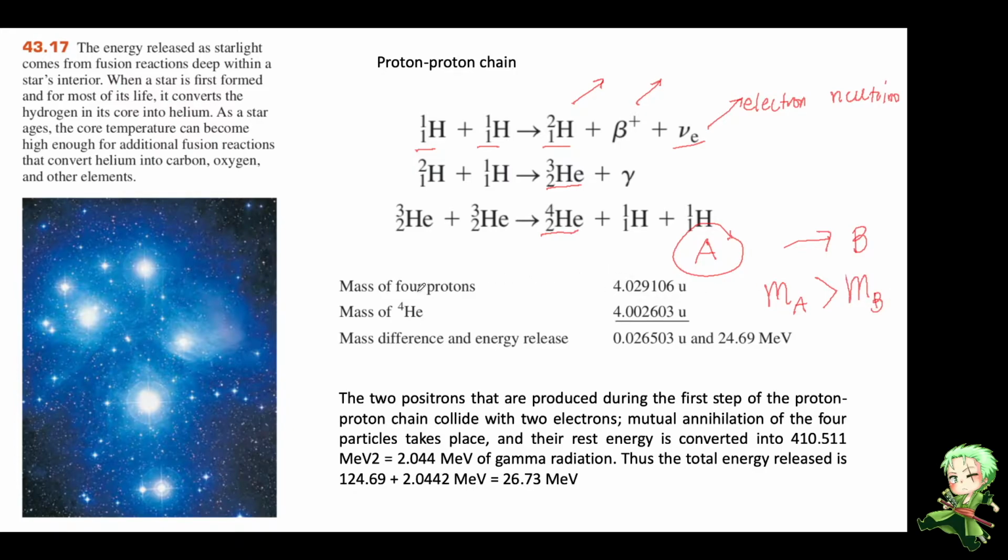So if I have the mass of the first protons, and the mass of the helium nuclei that I come up with after the fusion, there is a mass difference. This mass difference is not lost, but is actually released in the form of radiation, and of course with these particles here. That is where your rest mass energy equation, mc squared, comes in. I have discussed this already in class.